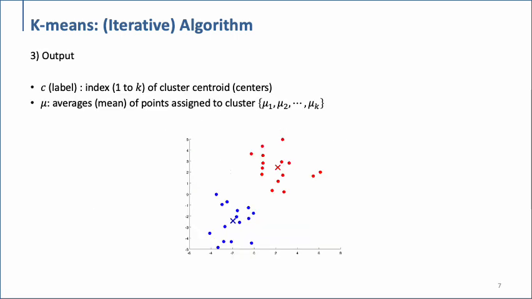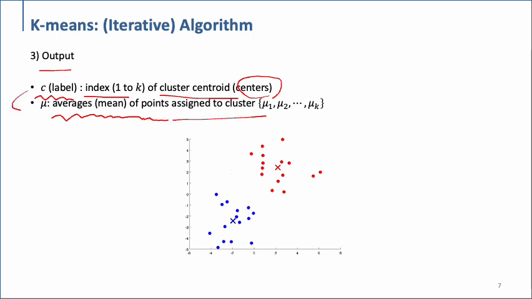After the iterative process, the output is the labels C, which are the indices of the cluster centroids, which we also call centers, and also the mean or average of points assigned to each cluster.